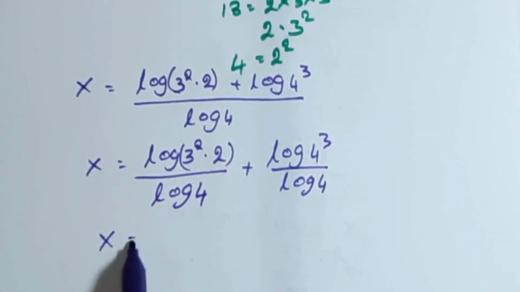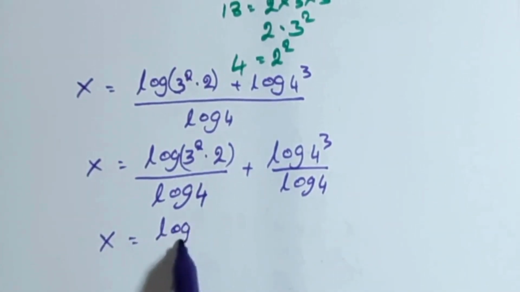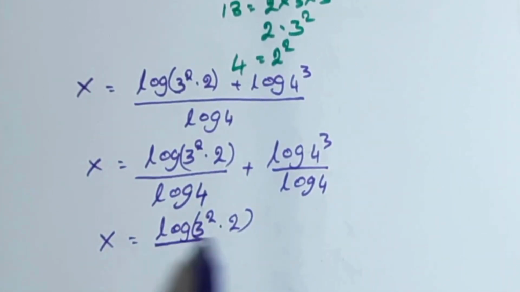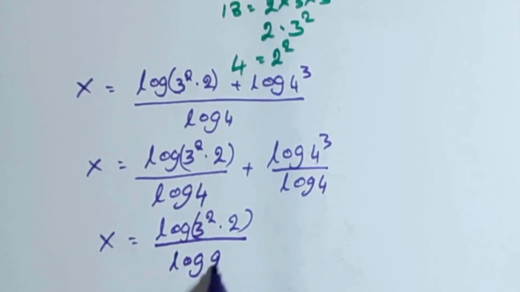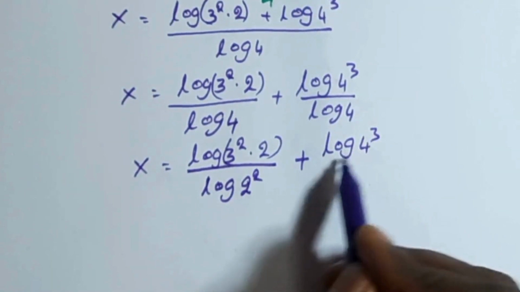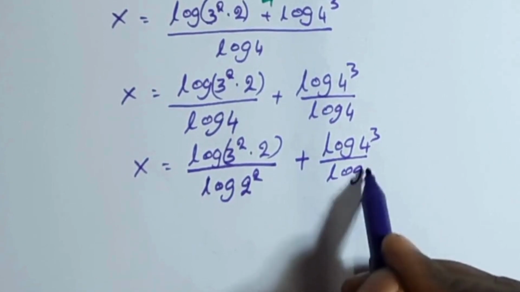Now x equal to log 3 to the power of 2 into 2. Log 4 can be written as 2 to the power of 2.